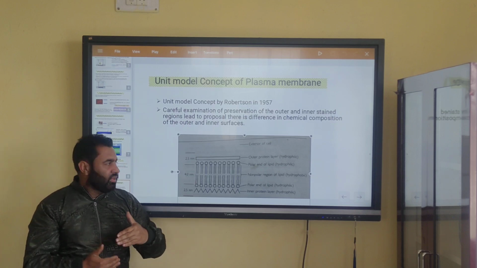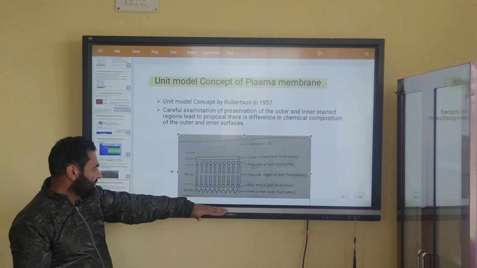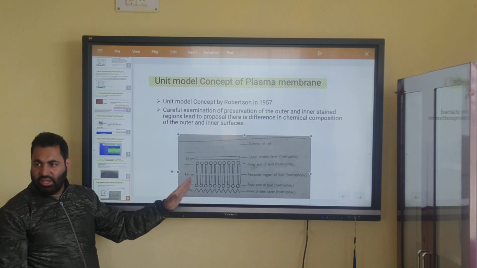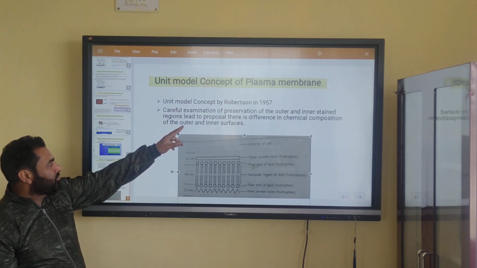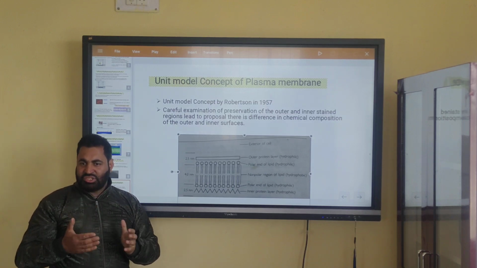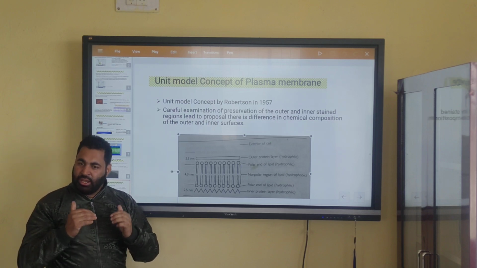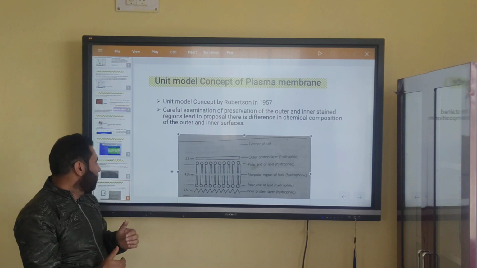It is not the same. The things which are outside are different from the things which are inside, as seen exactly in the EM image, the trilaminar structure. So the unit membrane concept was proposed by Robertson based on the images. Once he observed the images minutely, he found that the outer region was somewhat different than the inner region.